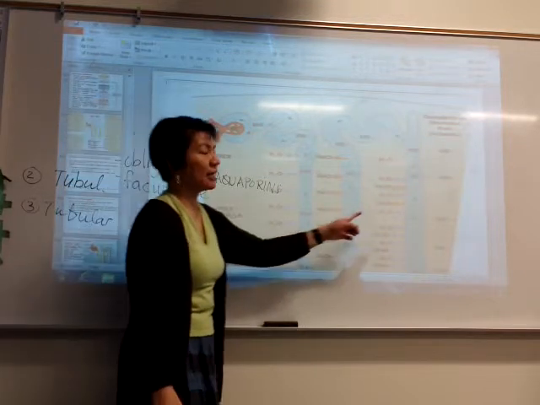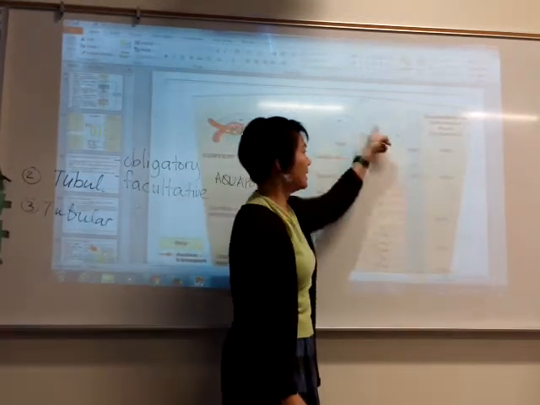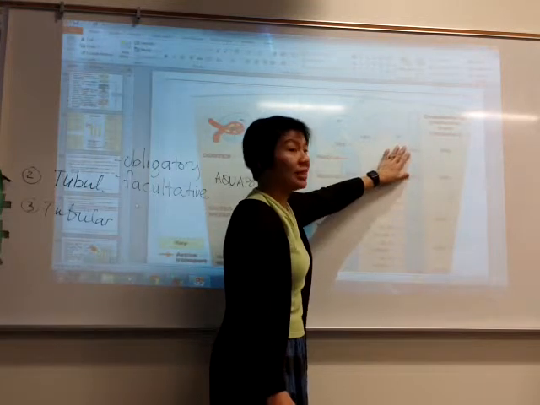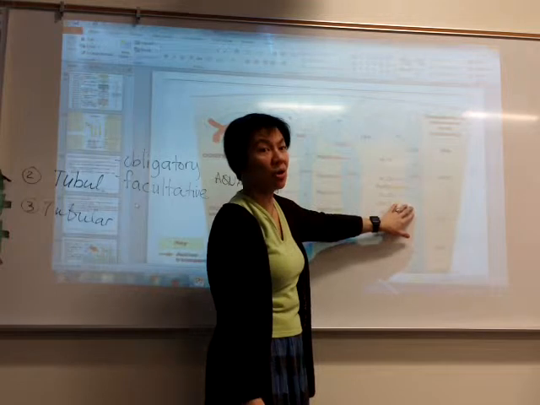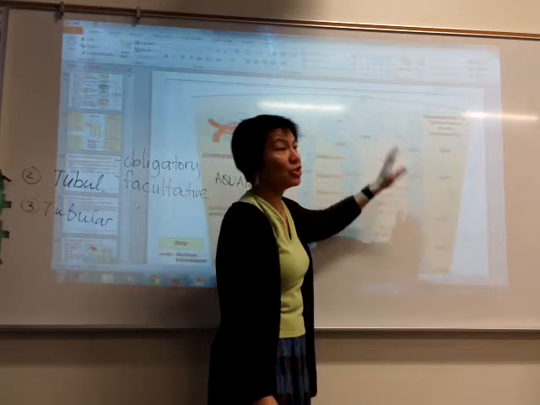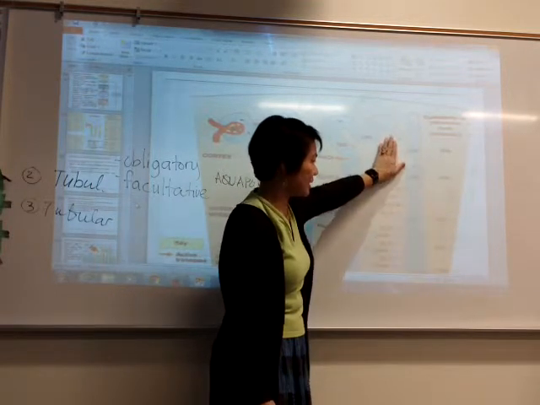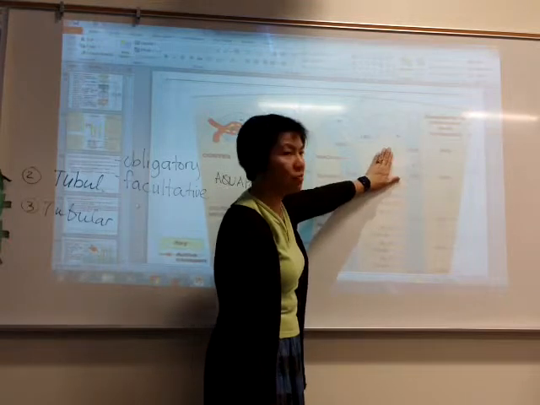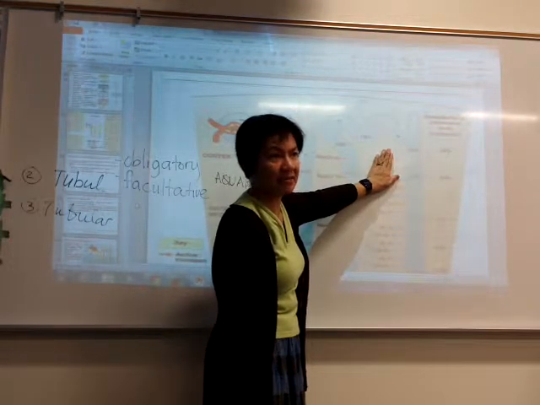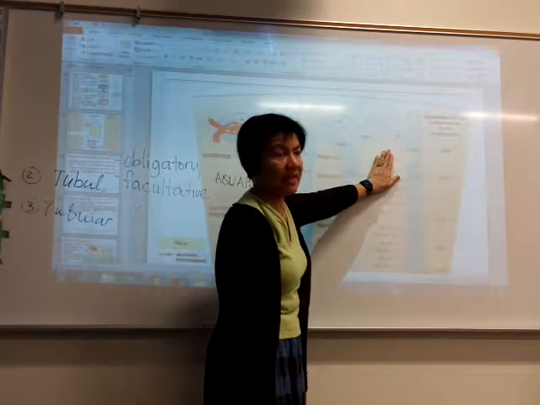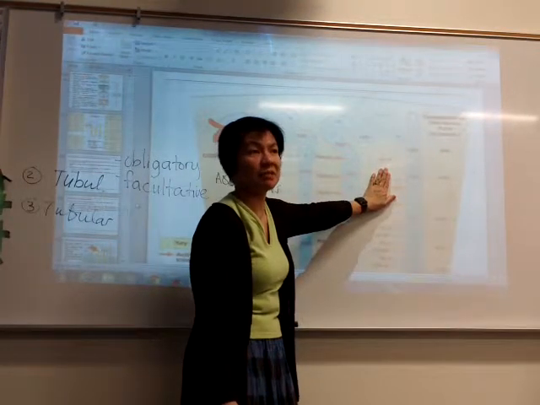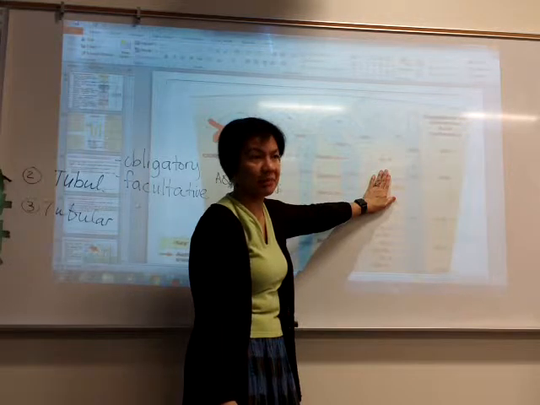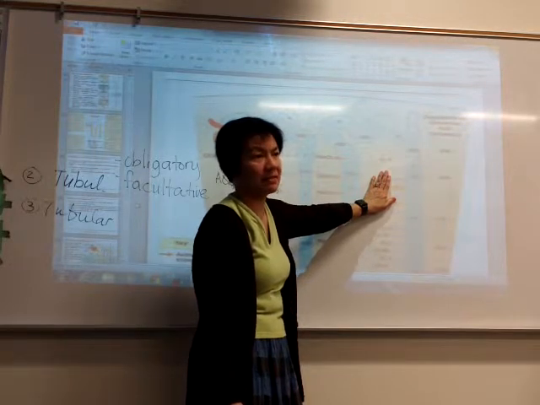Do you see this part right here? This is the collecting duct. This collecting duct normally has no aquaporins. So normally you won't see water being reabsorbed here. This is what makes the difference between concentrated urine and normal urine.